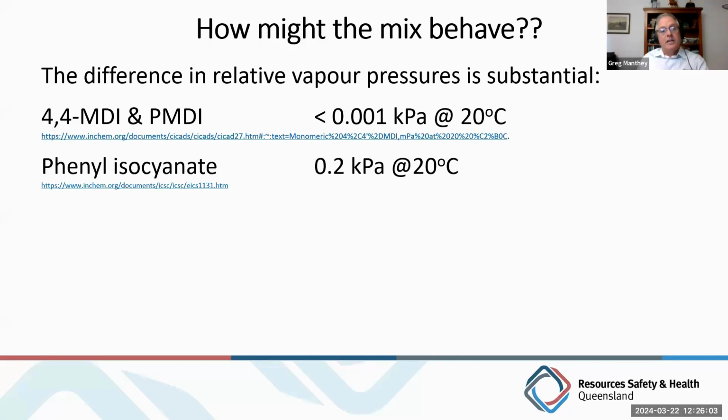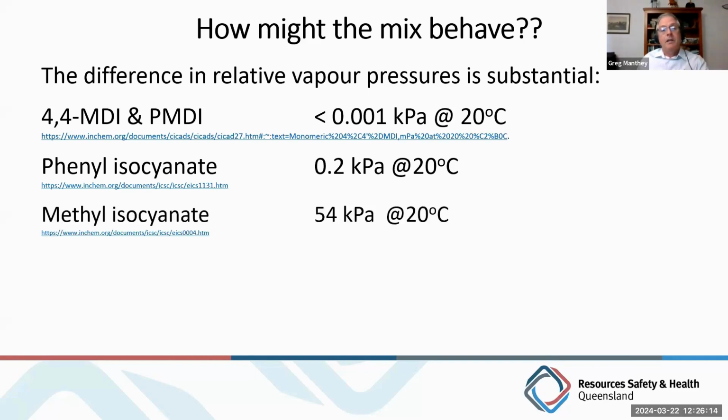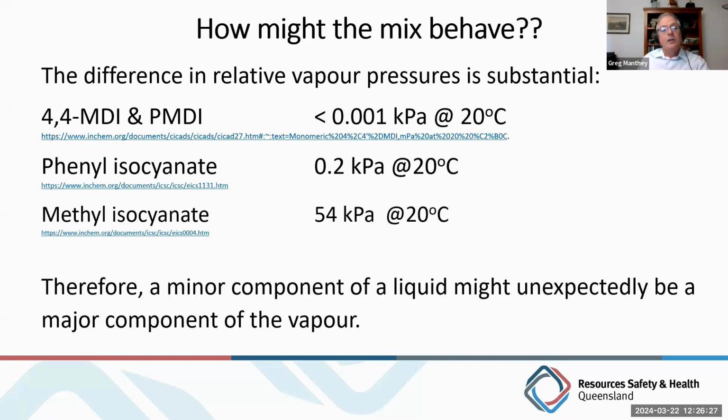Phenyl isocyanate has a vapor pressure about 200 times higher than the 4,4-MDI. And methyl isocyanate, again, is orders of magnitude greater. Simplistically, it's 54,000 times higher vapor pressure than 4,4-MDI. So the key here is that a very minor component in a liquid might unexpectedly be a major component of a vapor above the liquid. So it's important to understand that.